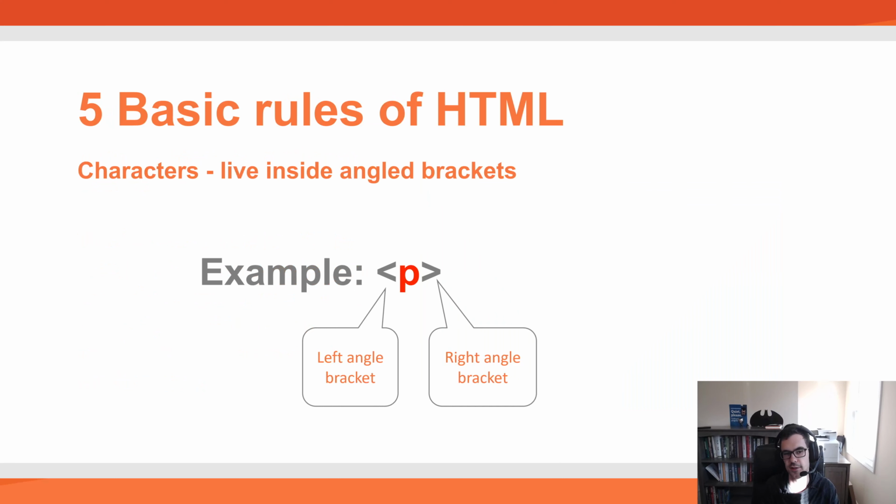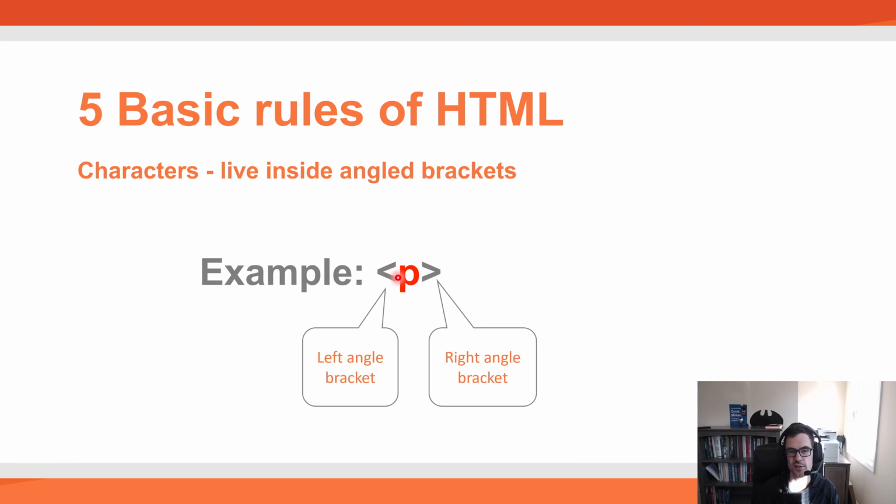Okay. So 5 basic rules of HTML that I would start with if I had to show this to anybody. And the first is that characters live inside the angle brackets. Okay, now let me get my pointer tool here. All right, the characters live inside angle brackets.